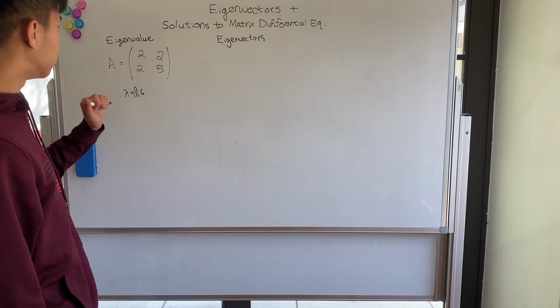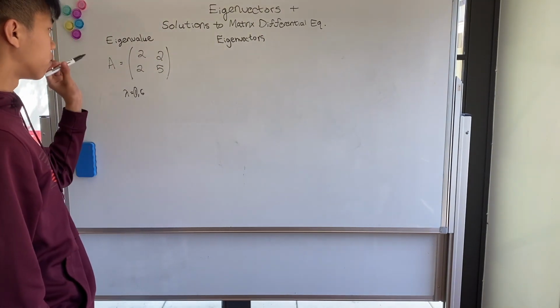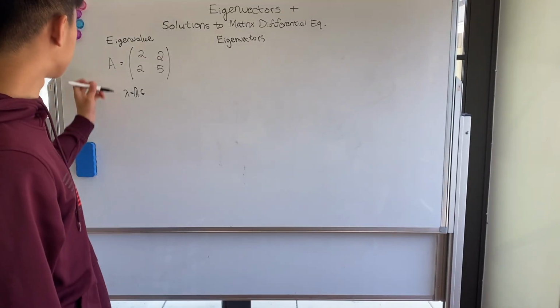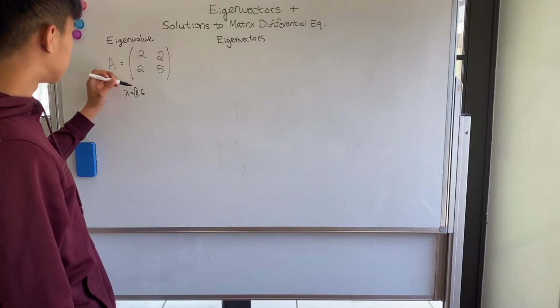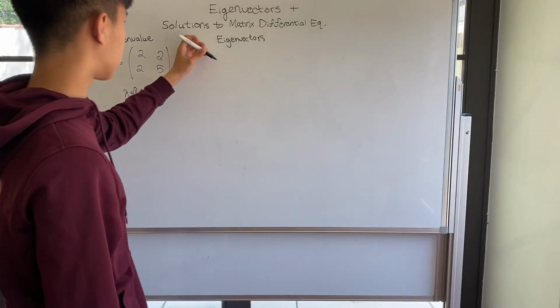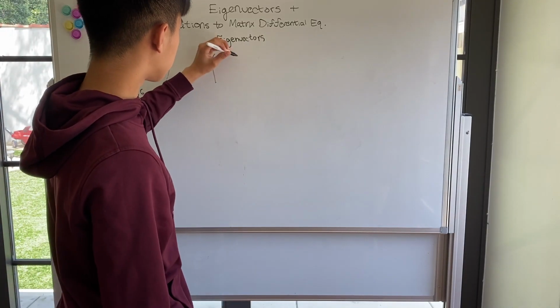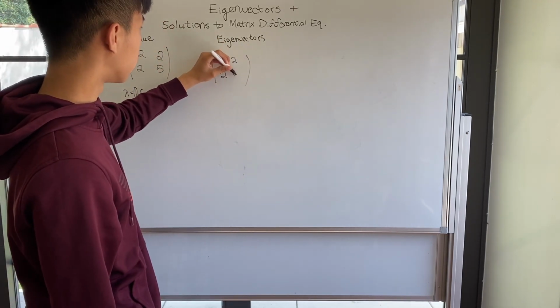You can use these eigenvalues to find the eigenvectors of the original matrix. In order to find the eigenvector, we can subtract these eigenvalues from the A and D entry. So if we subtract 1 from the A and D entry, we get 1, 2, 2, and 4.